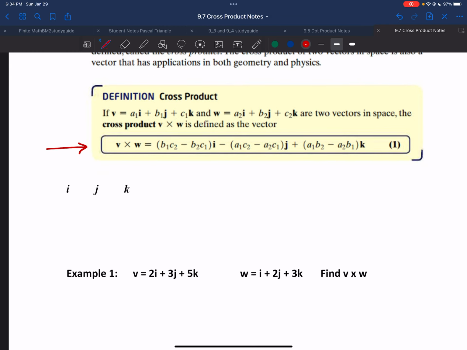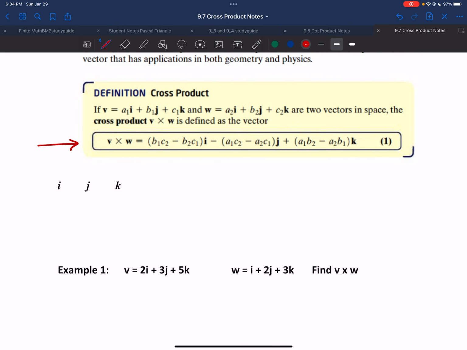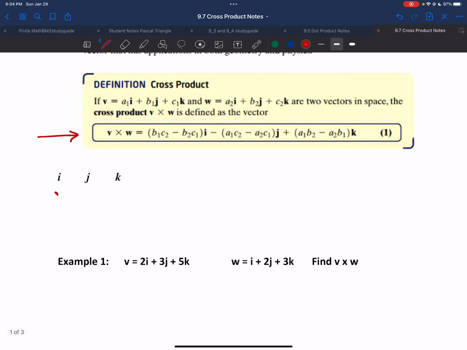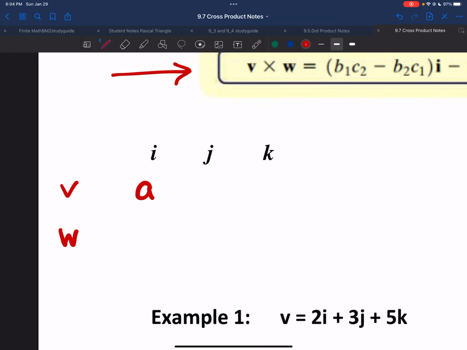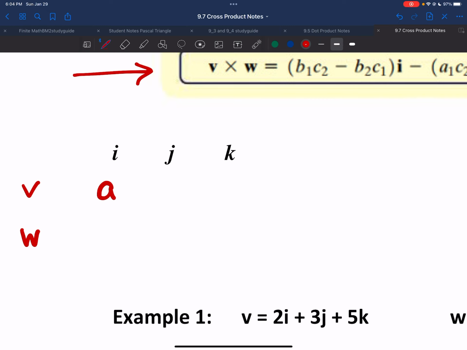Okay, so the way that I do it is I line up i, j, and k. And this is the whole reason they call it cross product, because you're doing three crosses. So let's say this is vector V and this is vector W. Let's say we have a1, b1, and c1.